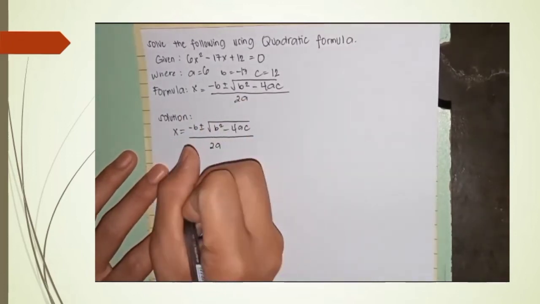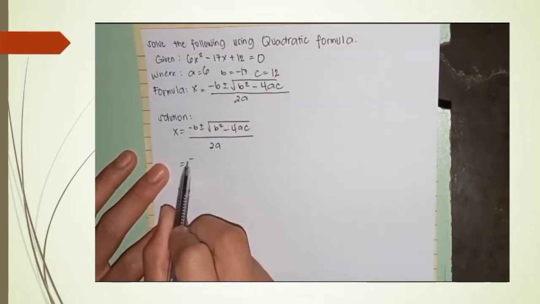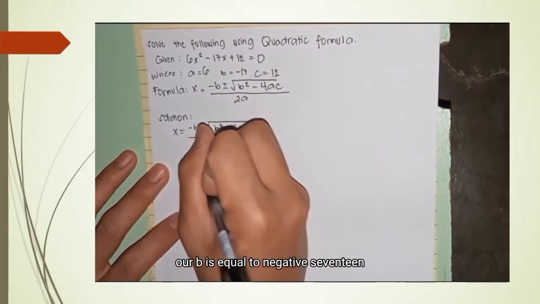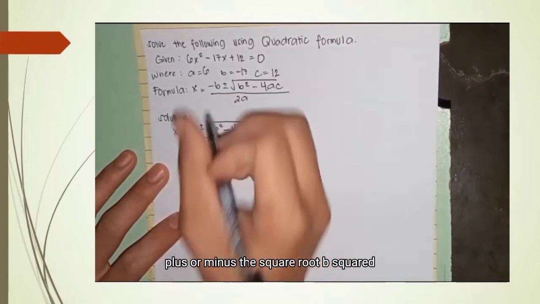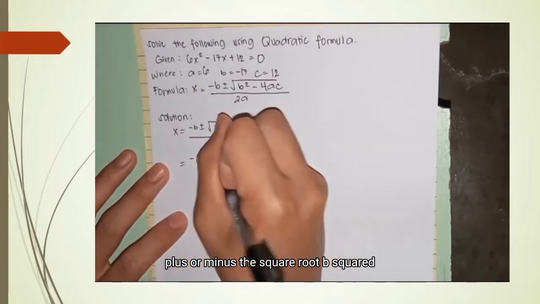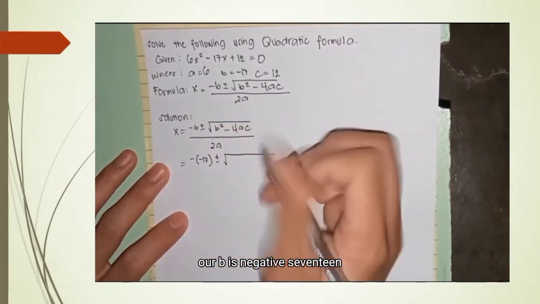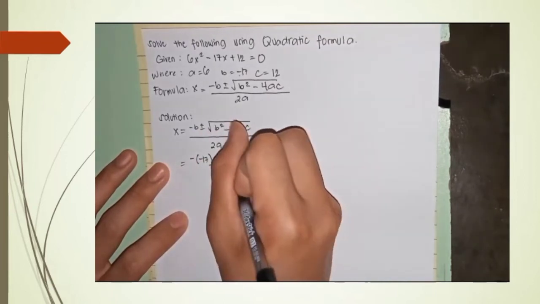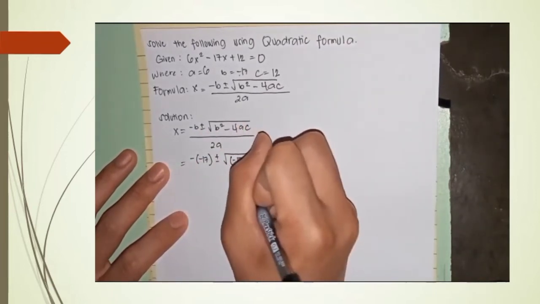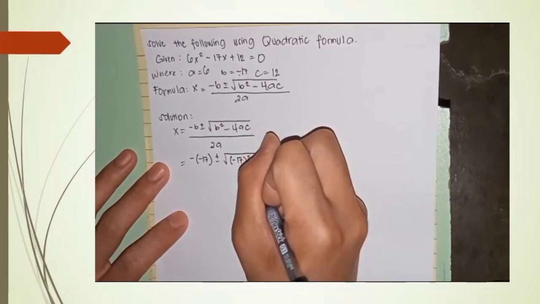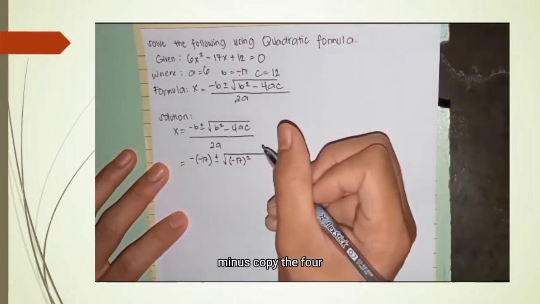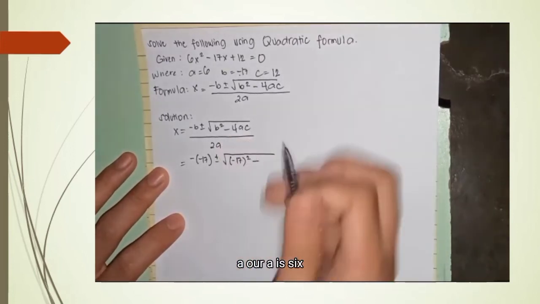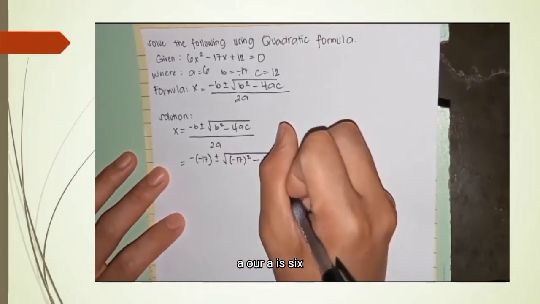Negative b, our b is equal to negative 17, plus or minus the square root of b squared. Our b is negative 17 squared, minus, copy the 4, a, our a is 6.